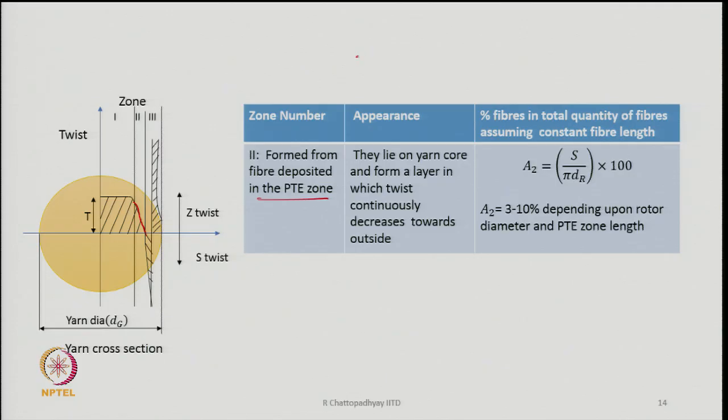because twist is not constant in the PT zone. In the PT zone, see, it will be like this. These are, suppose, straight fibers, parallel fibers, then here the fibers are a little bit twisted.